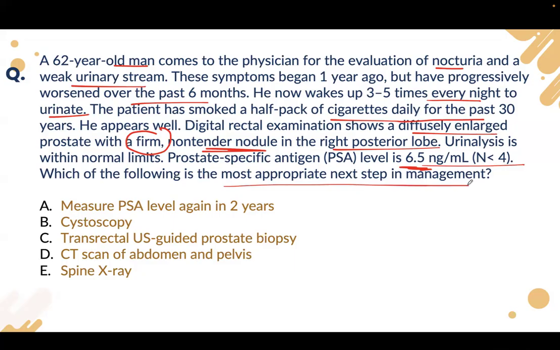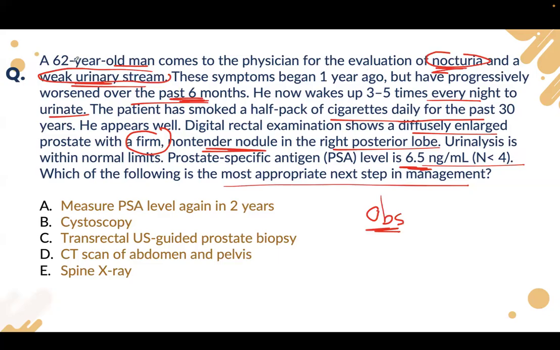So we have a patient that is basically presenting with urinary symptoms of nocturia and weak urinary stream that has been developing over the past 6 months. Okay, so these are basically obstructive symptoms, like nocturia, weak urinary stream, urinary retention, or dribbling, for example.